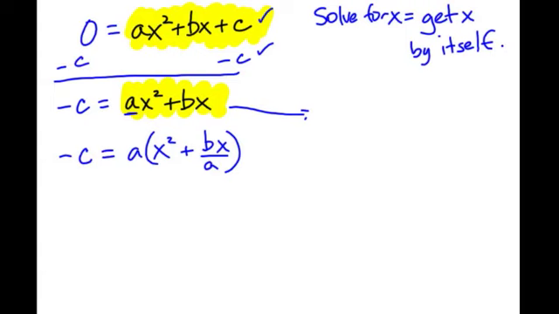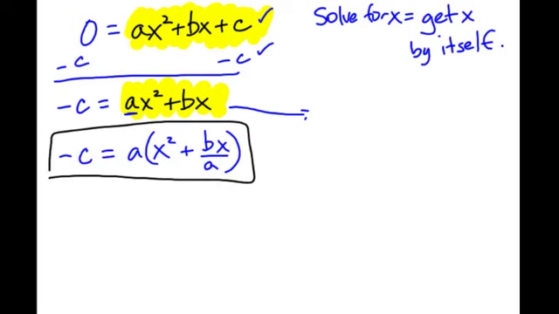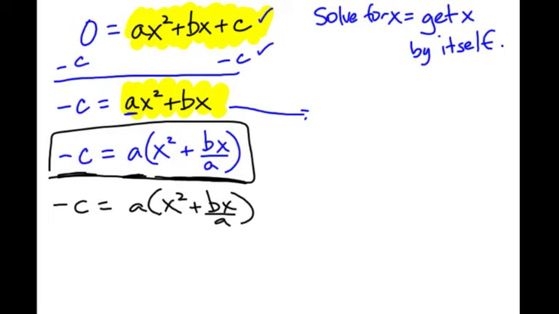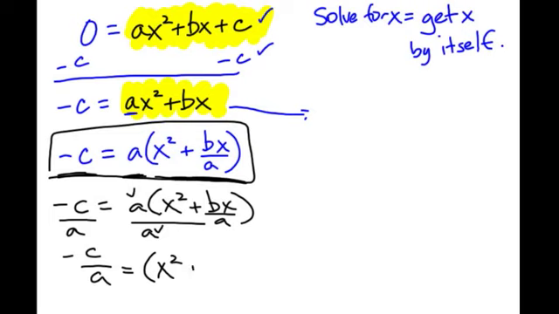So we now have right here something that has negative c on the left, and then a times this stuff. A times x squared plus bx over a. So since a is being multiplied by everything in that parentheses, I divide by a. Check out, check out. I've got negative c over a equals x squared plus bx over a.